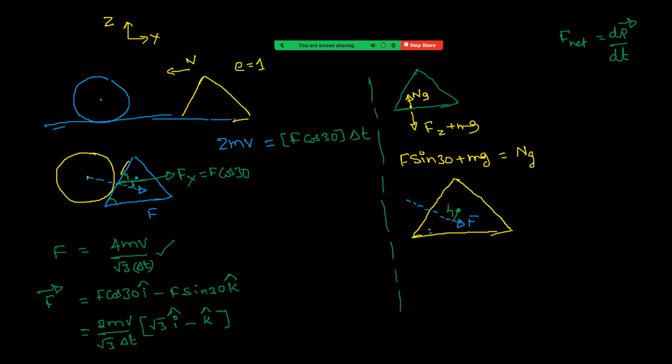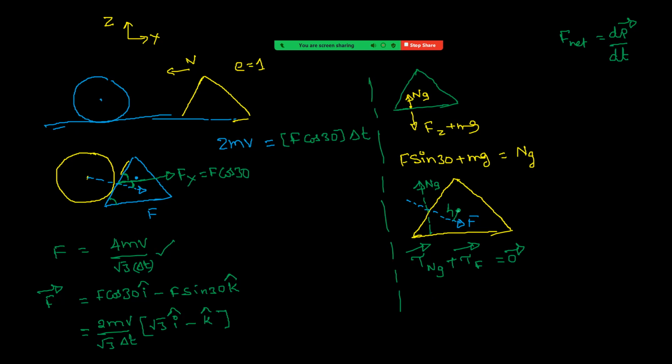This is now normal reaction from ground. That means torque due to normal reaction from ground on the wedge plus torque due to that force totally equals 0. Means modulus values must be the same, directions opposite.